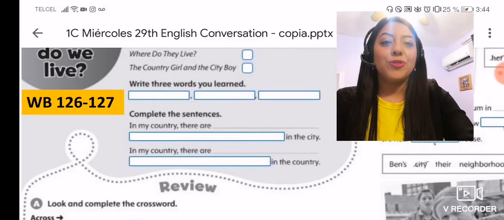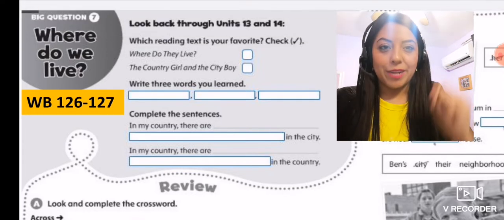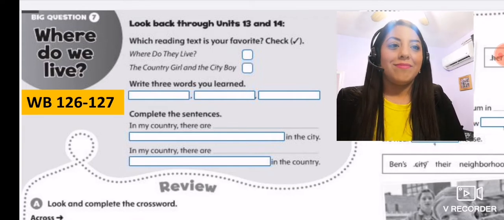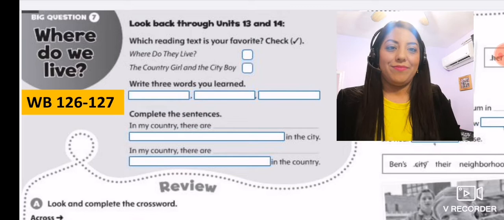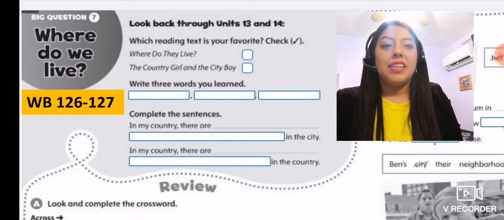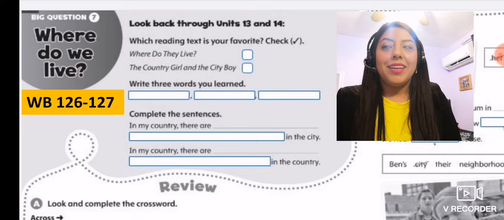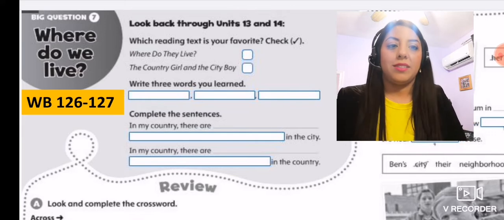In the country, let's think about one more time. In the country, there are apartments in the city or houses. In the country, there are parks. In the country, there are trees.